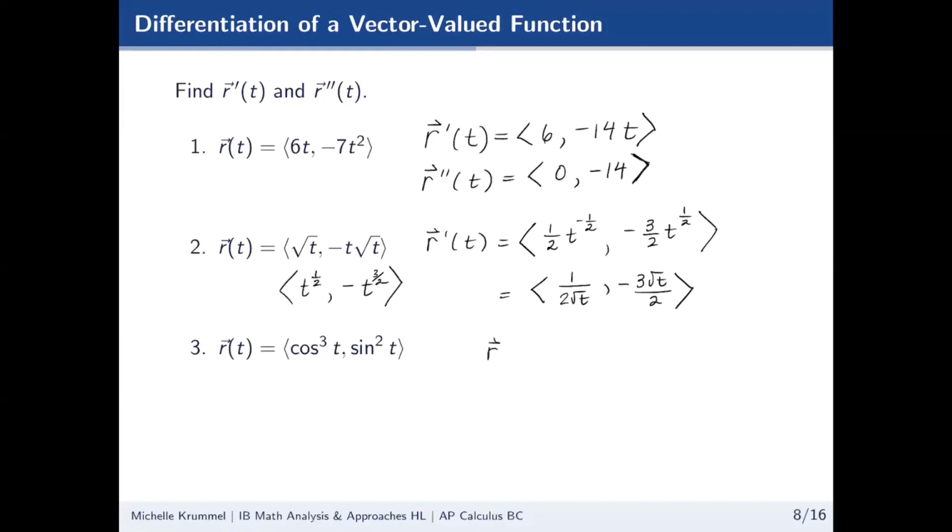So we have r double prime of t equal to, and here we probably want to use this version of r prime so that we can apply that power rule more easily. So I'm looking up there when I find my derivatives here. Negative 1/4 t to the negative 3/2, and then negative 3/4 t to the negative 1/2.